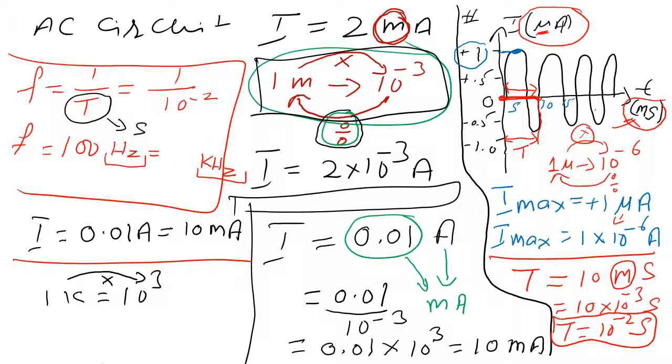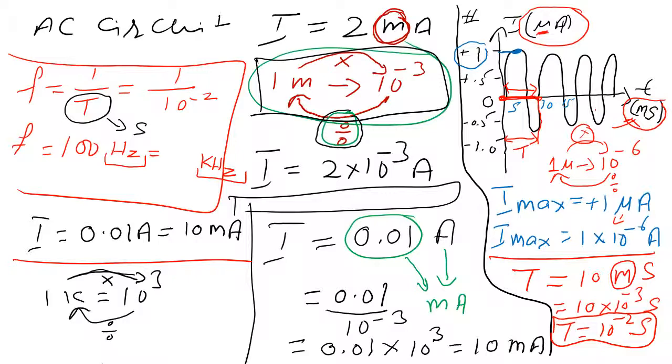it means you are not moving from the kilo side to the number side. You have to move from the number to kilo, so here you have to divide, not multiply.